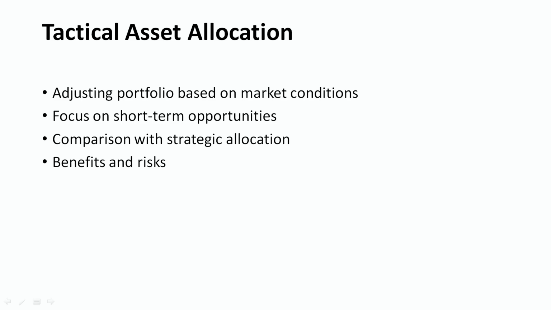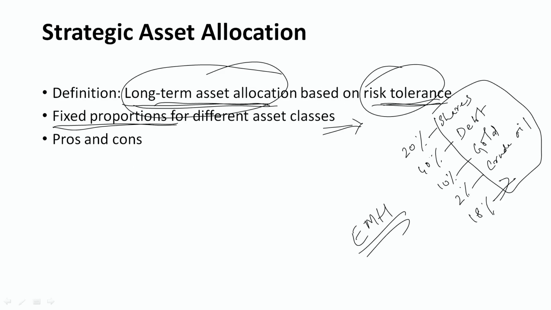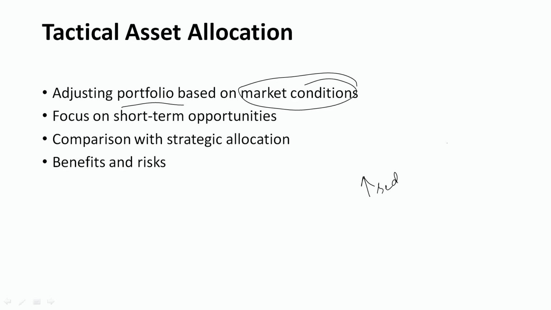Tactical asset allocation is when you are adjusting the portfolio based on market conditions. If, suppose, the interest rate is increased for bonds and other things, out of the 20% which I am investing in shares, I can shift 1 or 2% to bonds in excess, because I am risk averse.